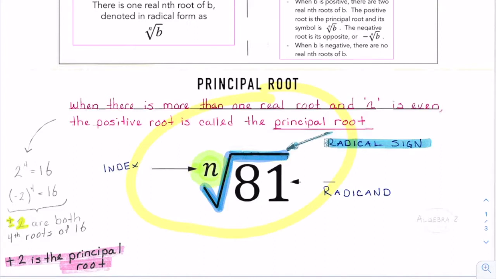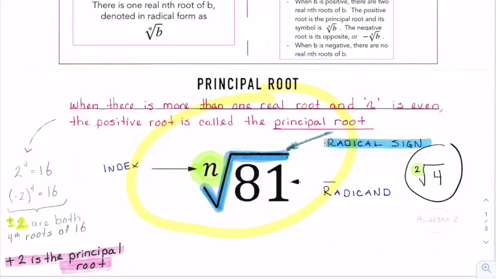When you don't see an index, so if I gave you the square root of 4, the index is 2, but we don't write the index 2. It's just assumed to be there. If you don't see an index, then the index is 2. It's kind of like we don't write an exponent of 1 on every number.